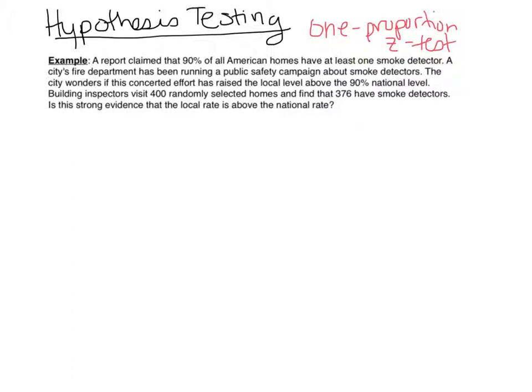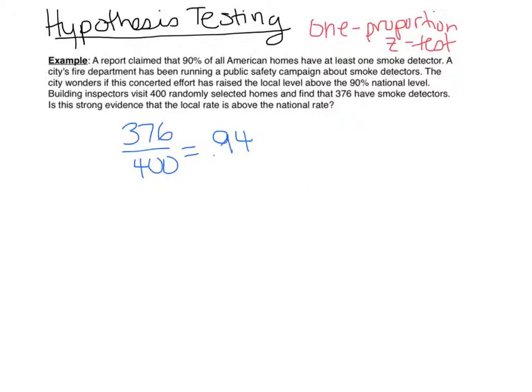So go ahead and read through this and see if you think that this is strong evidence that the local rate is above the national rate. Your first impulse is most likely that you're going to do 376 over 400, find out that that's 94%, and notice that that is actually far above the 90%, which is pretty good.